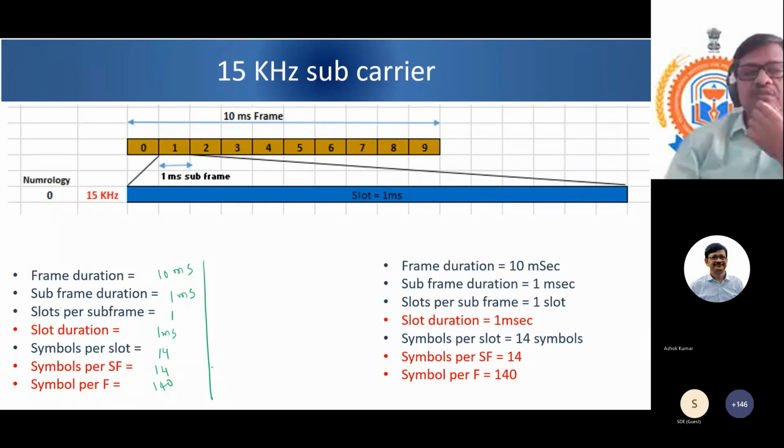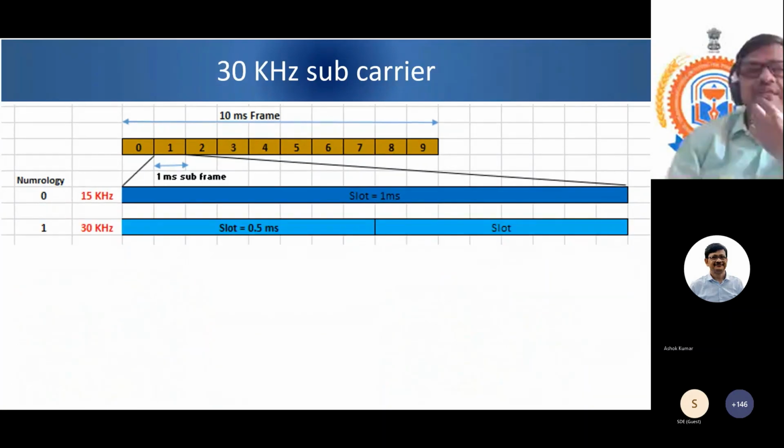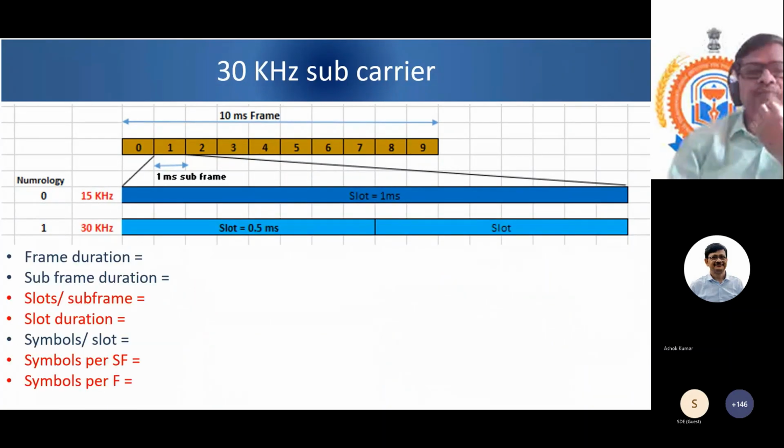Now let's calculate for 30 kilohertz, that is numerology 1. The frame duration remains the same, subframe duration remains the same: 10 millisecond, 1 millisecond. How many slots per subframe? 2.